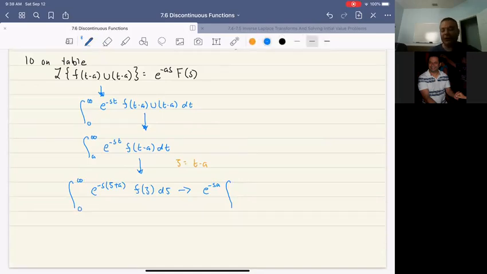Okay, so now it's e to the negative sa, the integral from 0 to infinity, e to the negative s tau, f of tau, d tau, and that's the Laplace transform of f. Okay, so here F of s is just the Laplace transform of f of t.